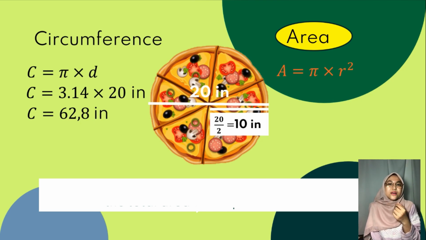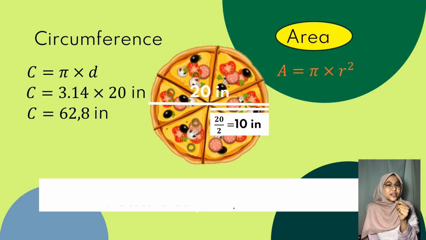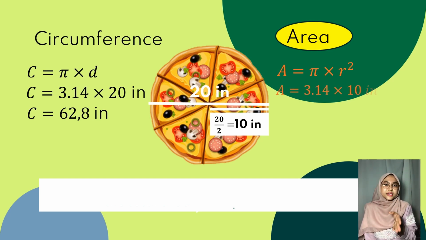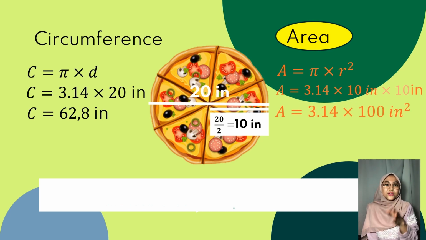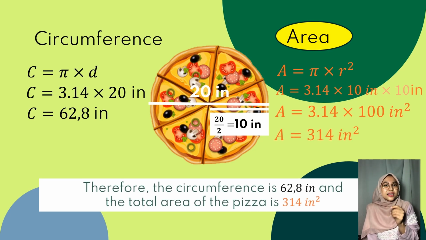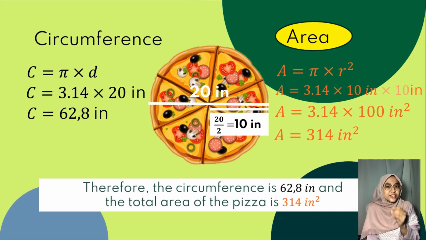And now that we know the radius, we need to square it. 10 inches times 10 inches equals 100 inches squared. Next, we just multiply that by pi. So 100 times 3.14 equals 314. So the total area of the pizza is 314 square inches.